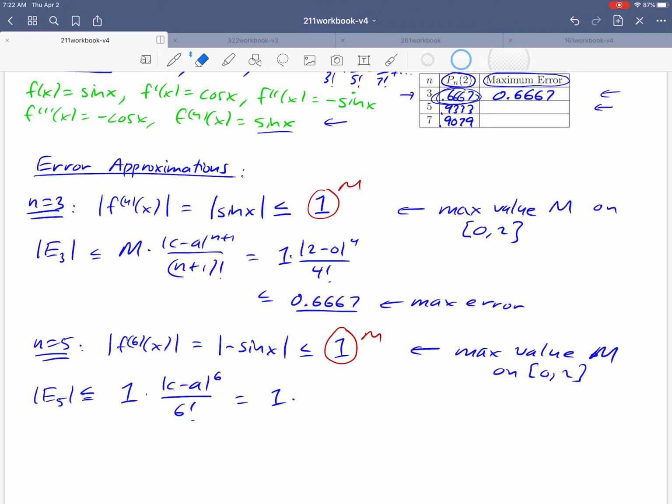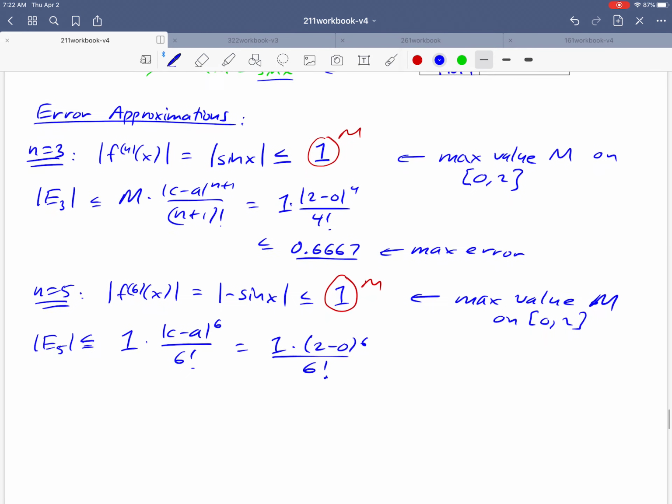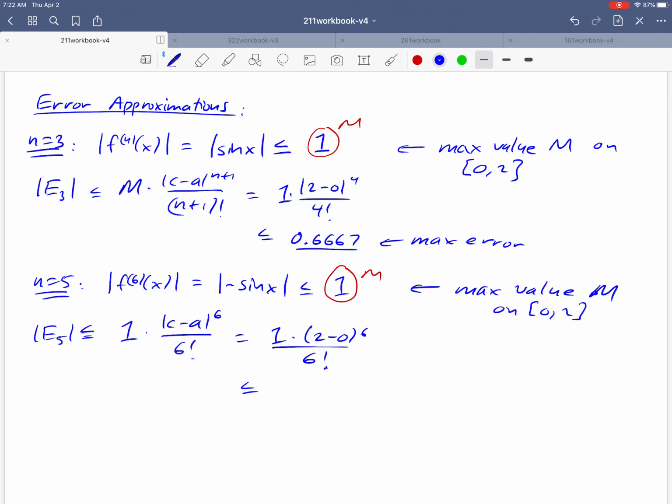That part hasn't changed. And this time we're going to get a maximum error that looks like 2 to the 6th over 6 factorial. You can punch that into your calculator, and what will come out is 0.0889. There's the maximum error with n equals 5.